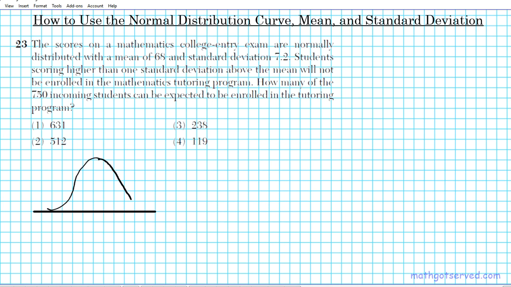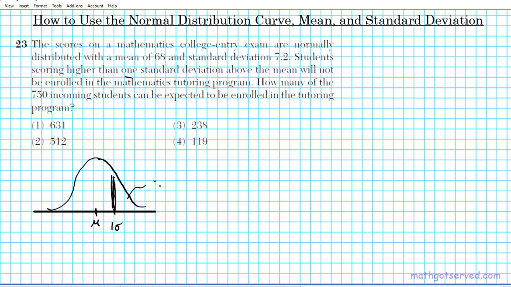Right in the center we have the mean. And then we're told that the students that score one standard deviation above the mean, so this is one standard deviation above the mean, will not take tutoring. So this population right here will not take tutoring.